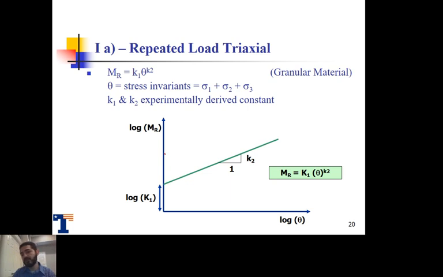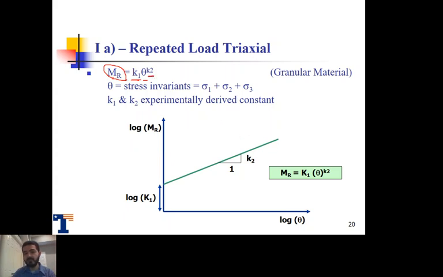After we do all these types of testing, we plot the relationship between the resilient modulus that was measured versus theta, which is the stress invariant. The relationship we're looking to achieve to know the resilient modulus is: the resilient modulus MR is equal to K1 times theta to the power K2.